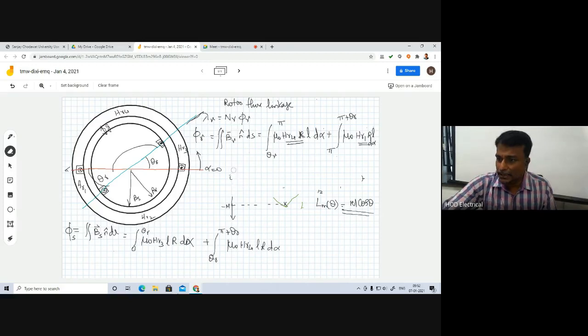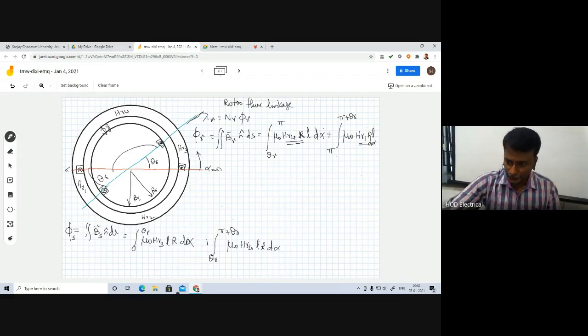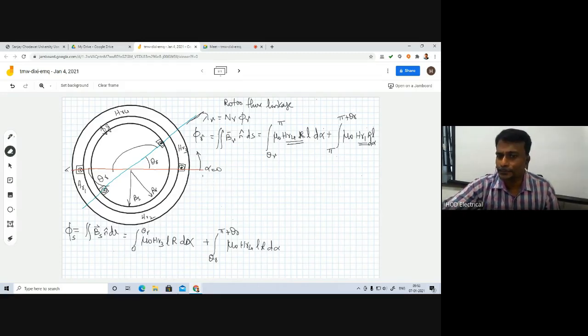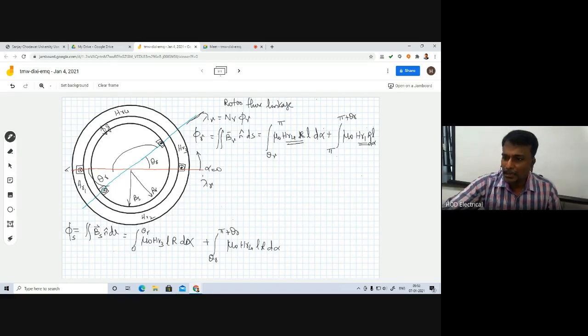Finally, we can find out lambda r in this equation. So lambda r, by multiplying the number of turns in the rotor, we can have lambda r equal to nr into phi r.